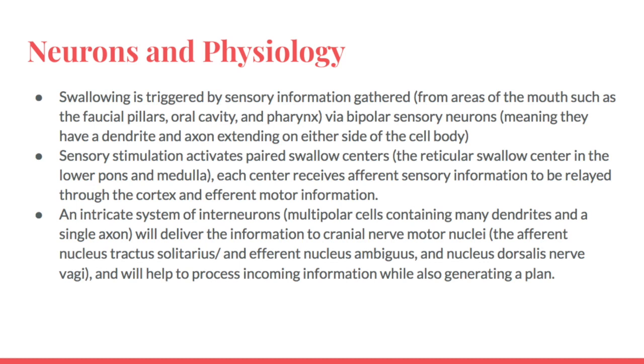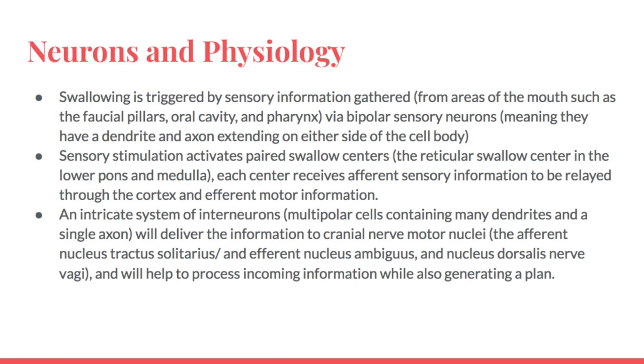Neurons and physiology. Swallowing is triggered by general sensory information, which is gathered in the faucial pillars, oral cavity, and pharynx by bipolar sensory neurons, which means they have a dendrite and an axon extending on either side of the cell body. So sensory stimulation gets gathered and it activates paired swallow centers via the reticular swallow center in the lower pons and medulla.